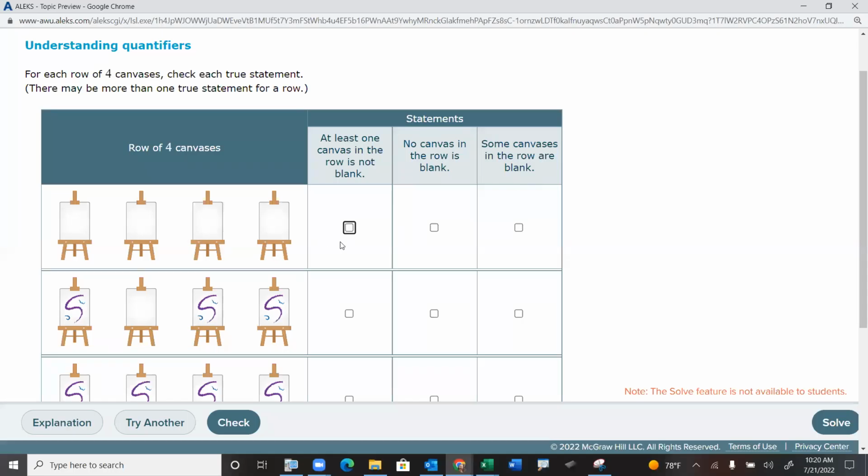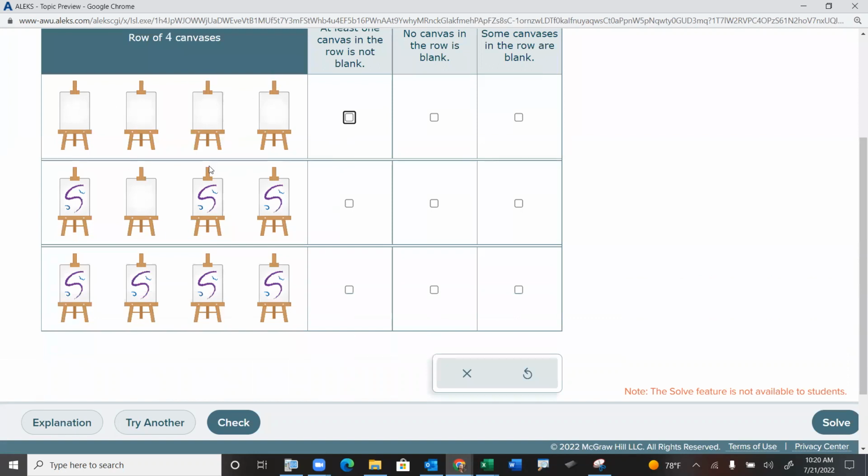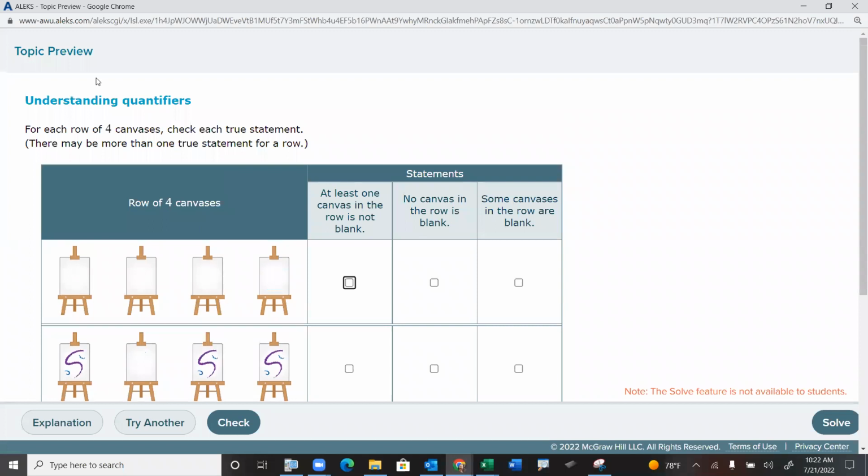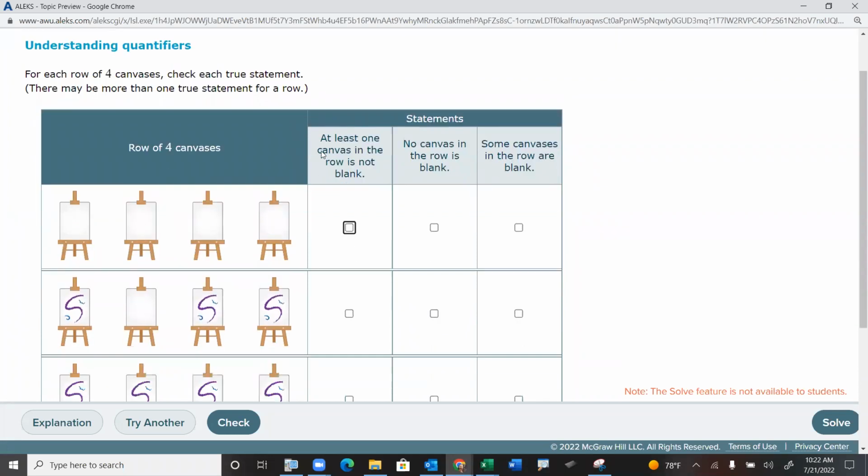Okay, on this one, we get 3 sets of painting canvases. And we just need to determine which of the statements are true for the set of canvases. This helps us to understand statements and quantifiers and such.